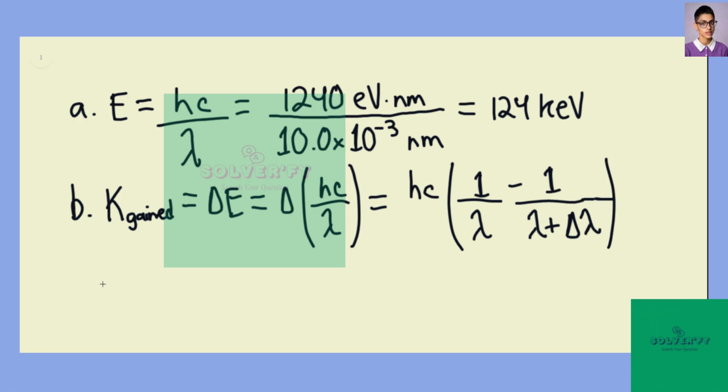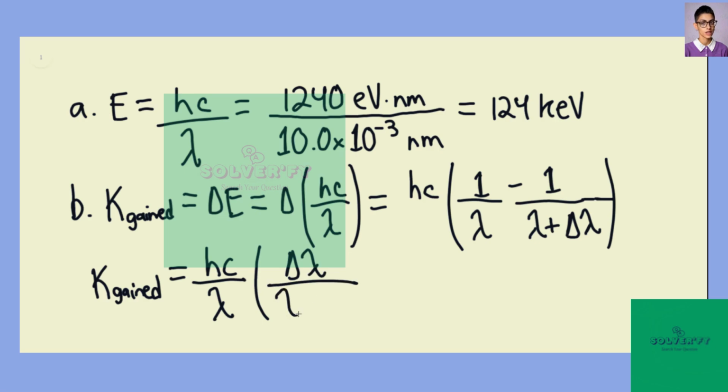And so we can then say that the kinetic energy gained will be equal to hc over lambda multiplied by the change in lambda divided by lambda plus the change in lambda.